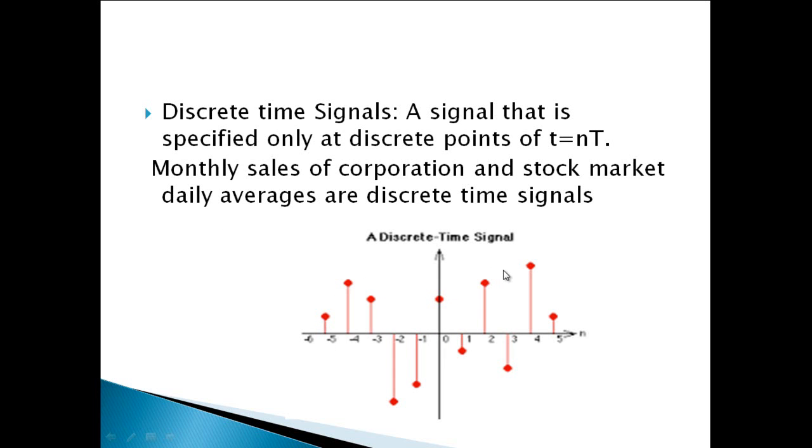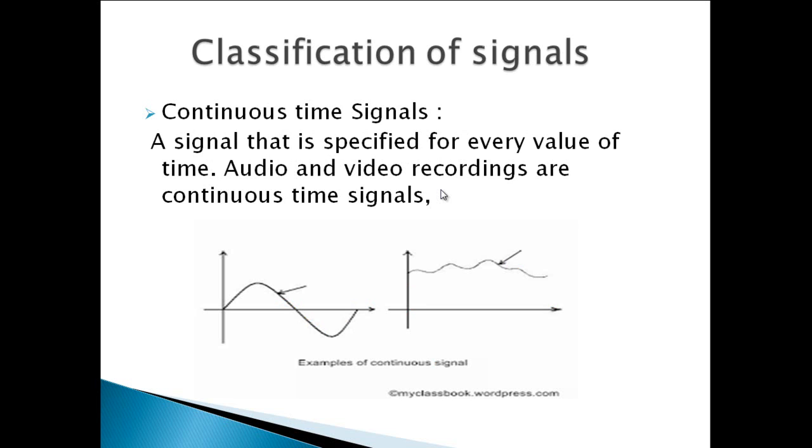So this is important. There is always a difference between a continuous time signal and a discrete time signal. In a continuous time signal, you always think of the x-axis, that is time, which should be continuous. There should be no break in the time.